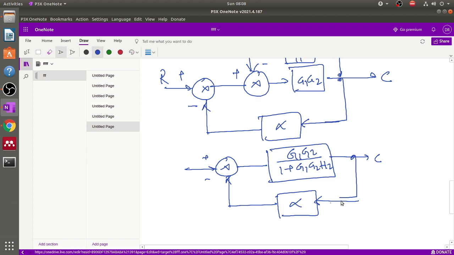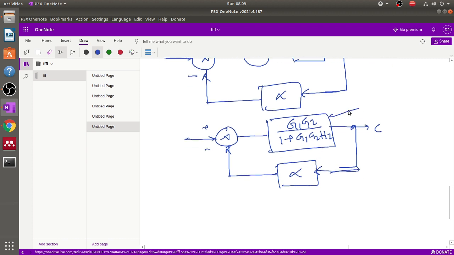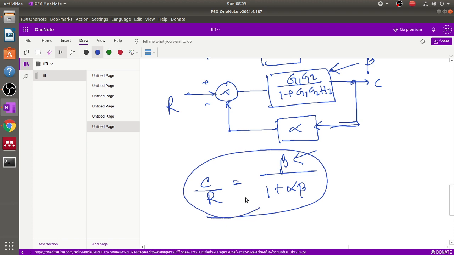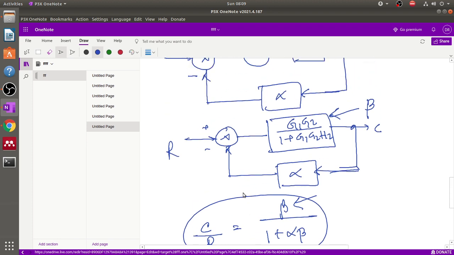Now again we apply the feedback rule. For simple mathematical calculation, we consider this is beta. Just consider for now, what is C(s)/R(s)? C(s)/R(s) is G(s), that is beta divided by 1 plus G(s) into H(s), alpha beta. So now putting the values of beta and alpha, we get the appropriate value of this output response by input response using this block diagram method.